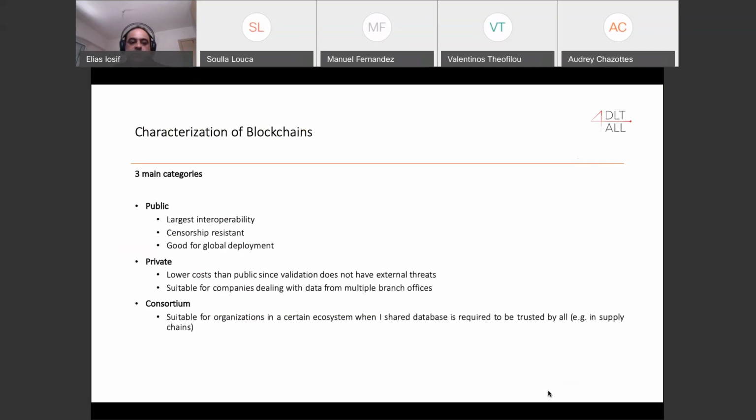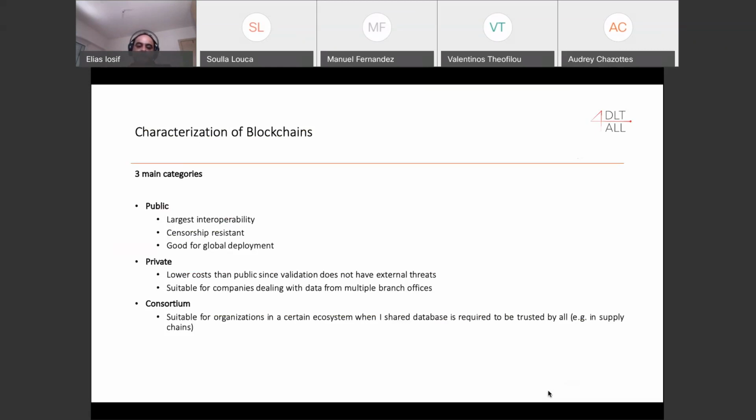Overall, there are three main categories, namely public, private, and consortium blockchains. Regarding the first category, as the term public suggests, we have the largest interoperability, and advanced security mechanisms in terms of data protection and transaction protection.